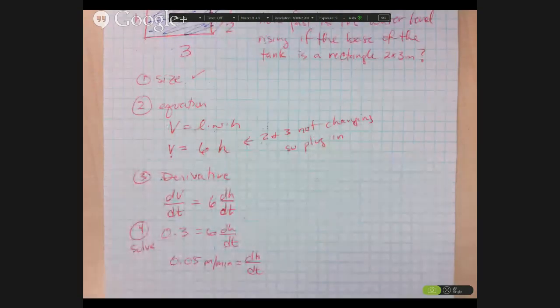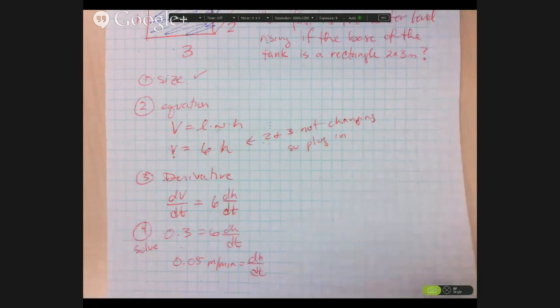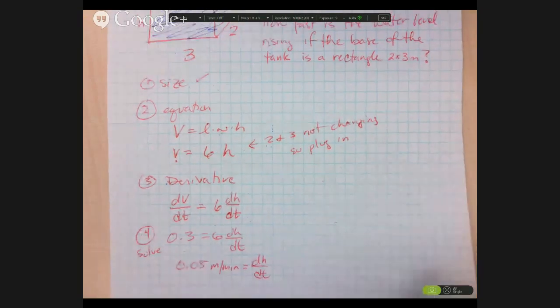It's a height, right? They're linear measurements. That's the change in height. So it's changing at 0.05 meters per minute. Any questions? This is an easier one.